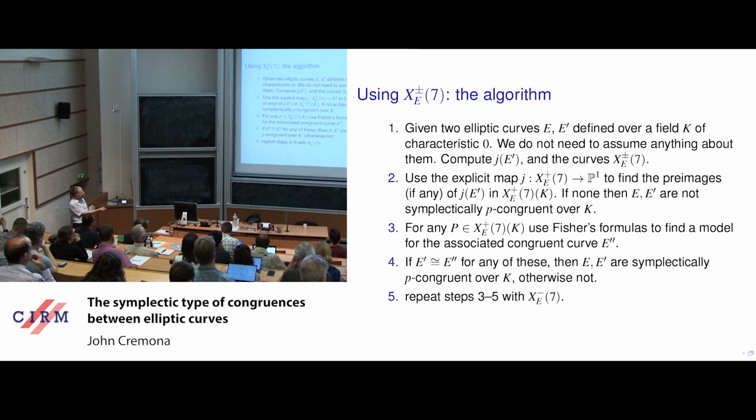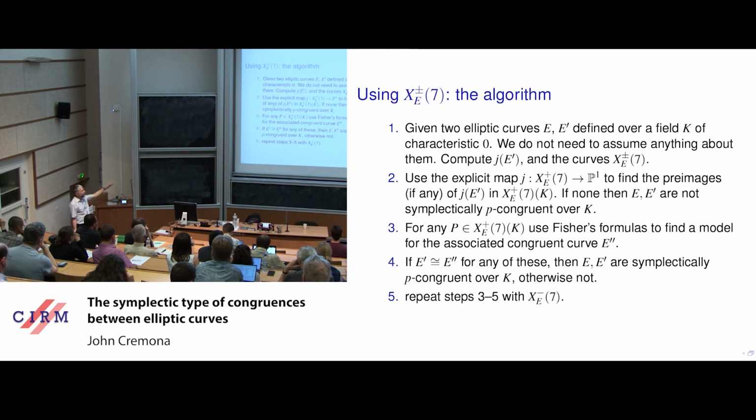For every point you found in the pre-image, so these are all the points whose j-invariant is j of E prime, you actually find a model for the associated curve, which I'll call E double prime, and then you have to check whether any of the E double primes you've got is isomorphic to E prime. And if so, you've got a symplectic congruence, and otherwise you haven't, and then you do the same thing for antisymplectic.